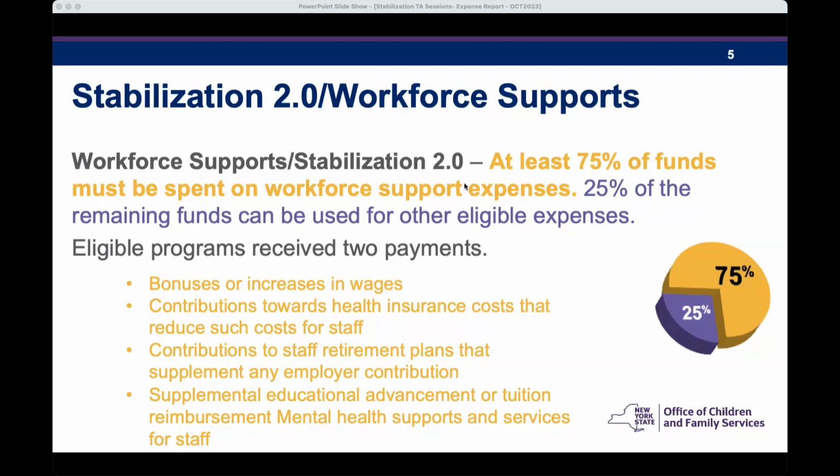Now, I want to take a moment just to make sure that it's clear that 75% of those payments were meant for these 4 listed here. And when we talk about increase in wages, if you had been paying the employees minimum wage, and then you decided in order to make it more competitive that you were going to increase their wage by $2 to $3 or whatever the case was, that increase in wage of $2 to $3 is an eligible expense underneath the 75% reporting.